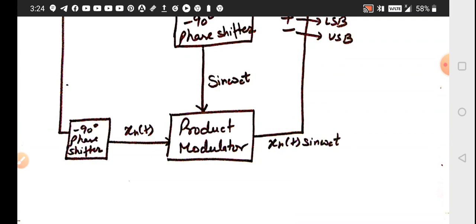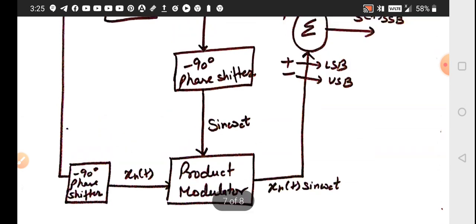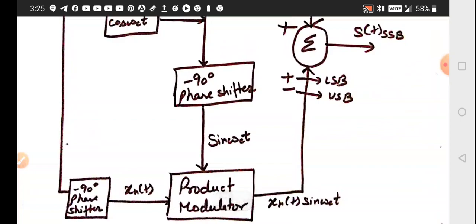So practically it is difficult to design. We use a wideband phase shifting network here, and practically it is difficult to design when the baseband extends over many octaves. It is also needed that the carrier phase shifting provides an exact 90 degree phase shift at the carrier, so that has to be taken care of. So this is the disadvantage of this method.